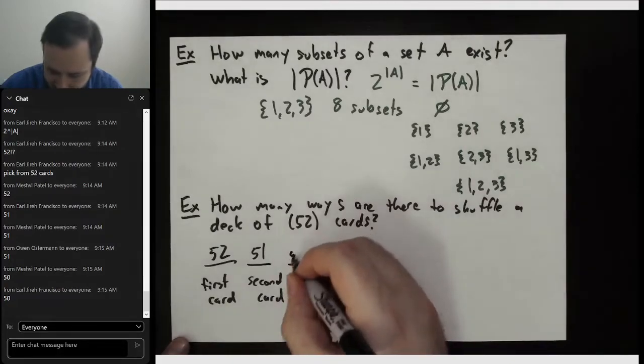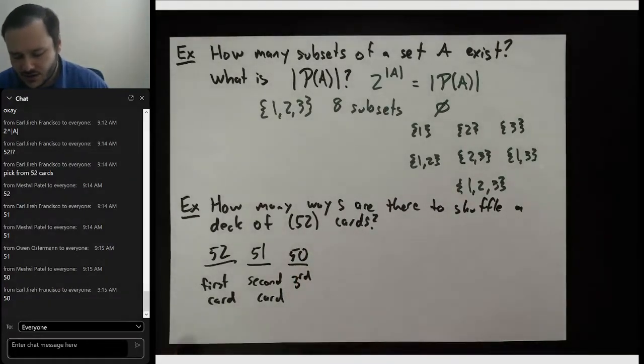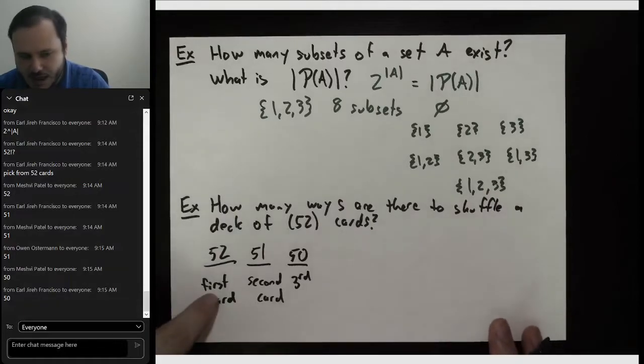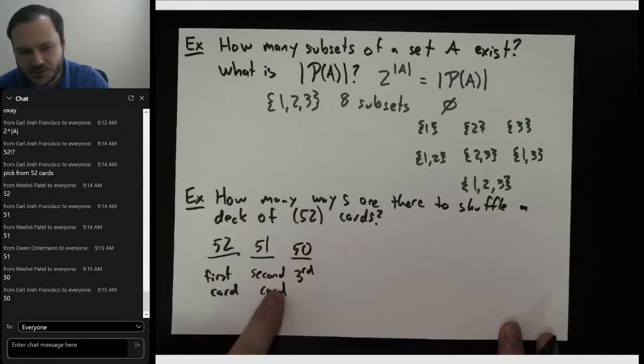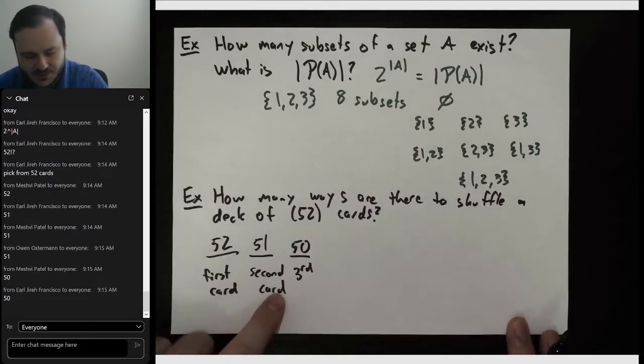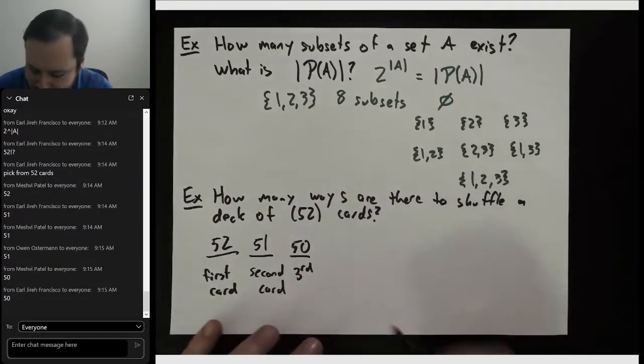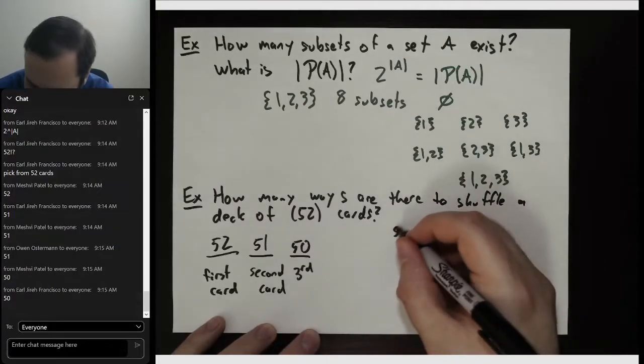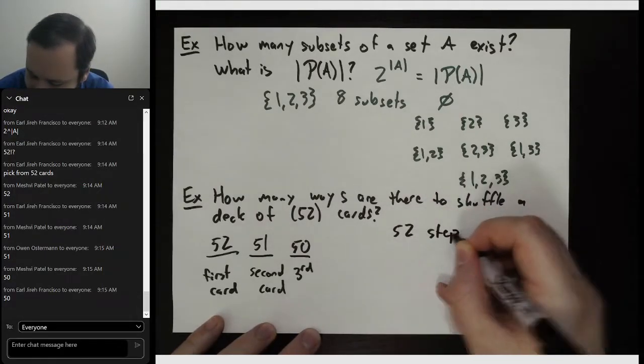We're down to 50. And here, we don't have that problem we had before, because order does matter, right? Picking ace of spades to be first and two of clubs to be second is different than two of clubs first, ace of spades second. So if we keep doing this, we're going to have a 52-step process.